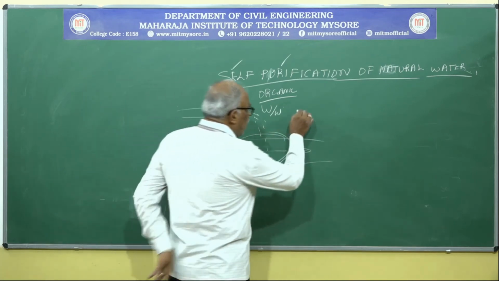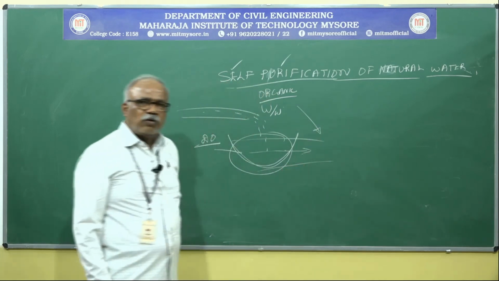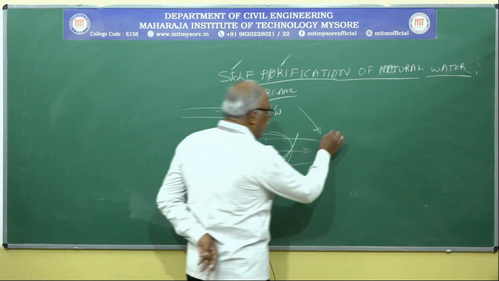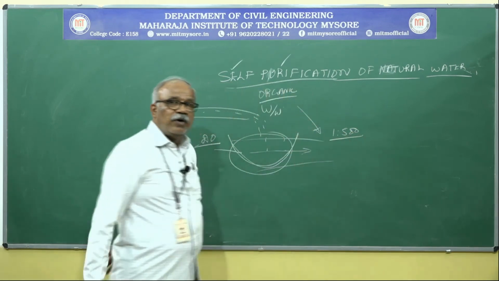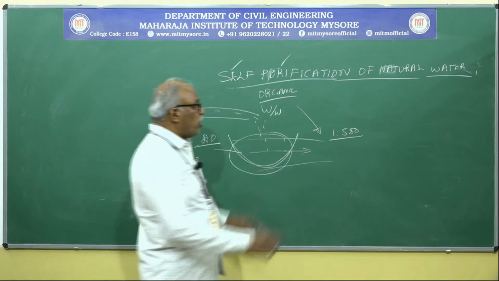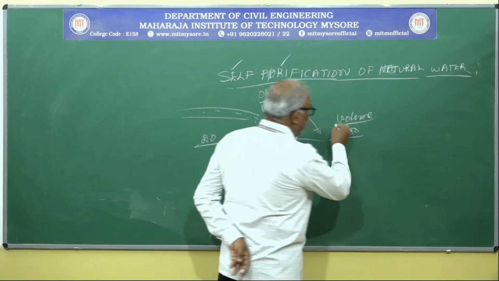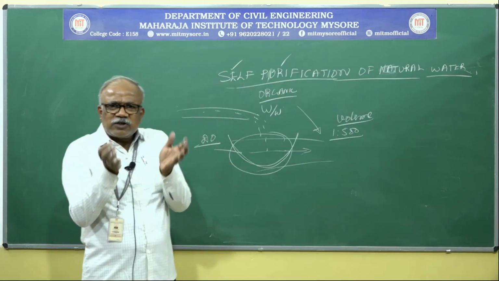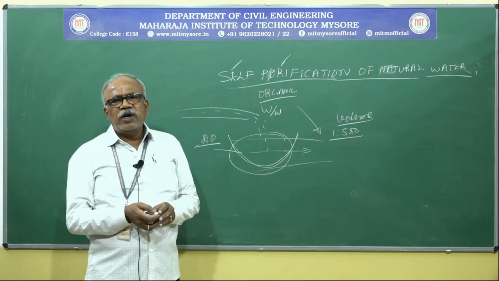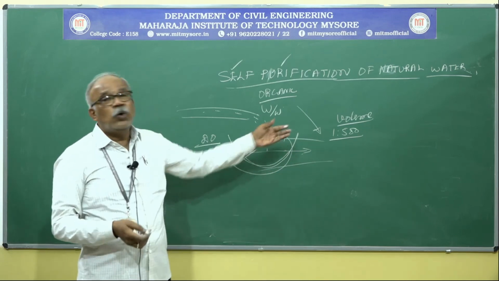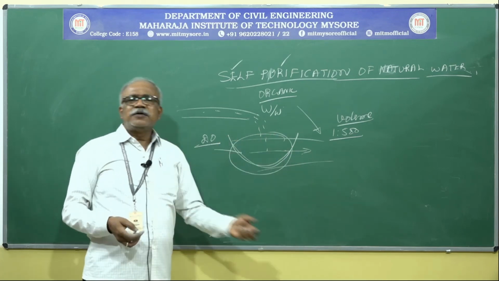Whatever volume of wastewater is discharged into the natural water body or stream, it should be proportionately 1 in 500. Volume wise I am speaking. If you discharge a small amount of wastewater, a huge amount of water body can take the load. Initially, the DO concentration can be reduced.